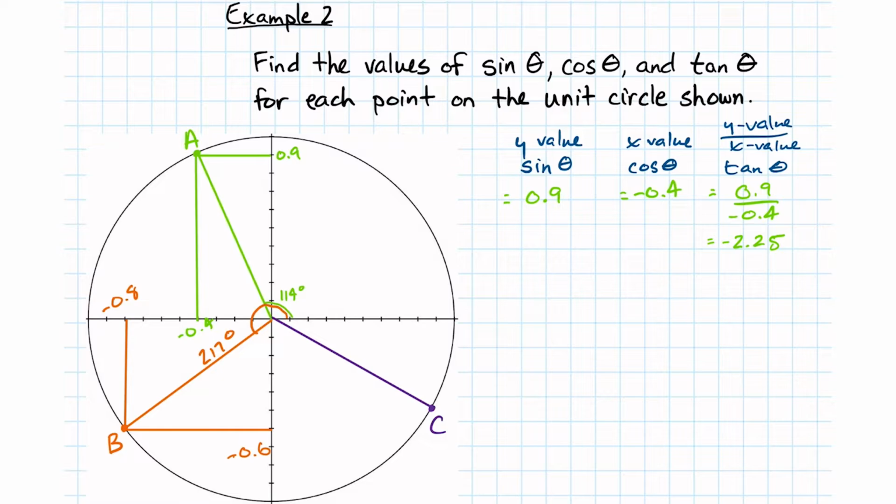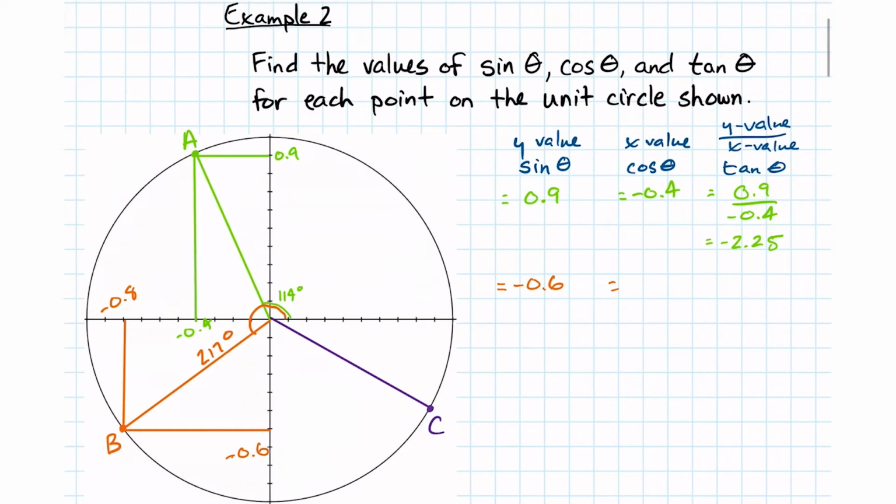So we can go over here to my table I created. My y value is sine, and that is equal to negative 0.6. My x value is cosine, which is negative 0.8, and my tangent value is y over x, which is negative 0.6 over negative 0.8, which gives us a value of positive 0.75.